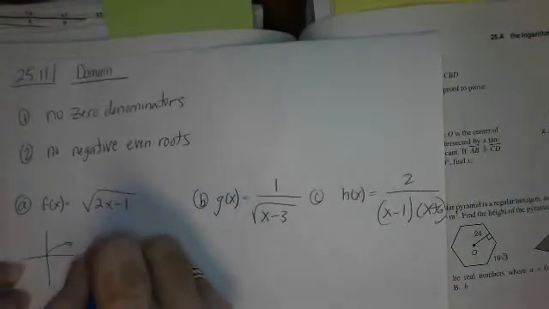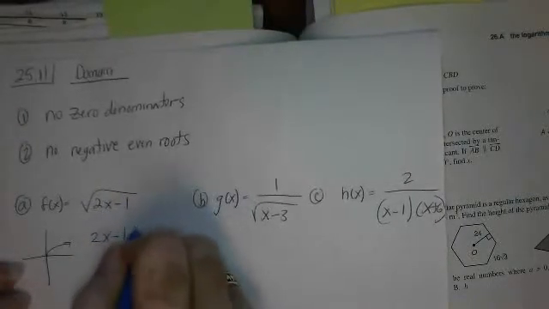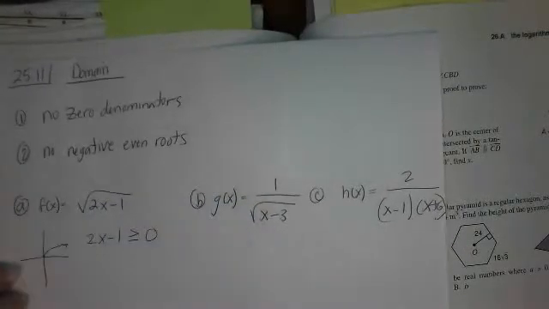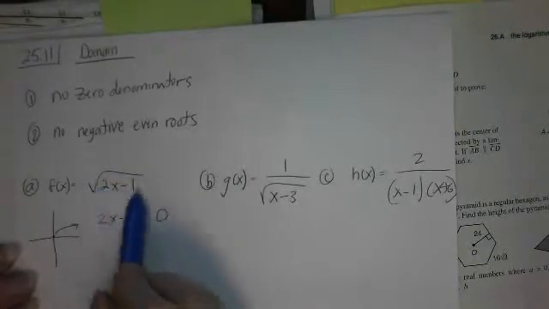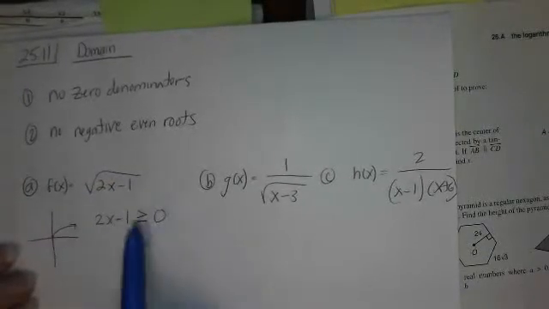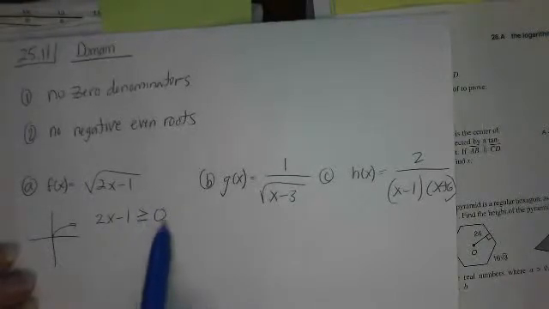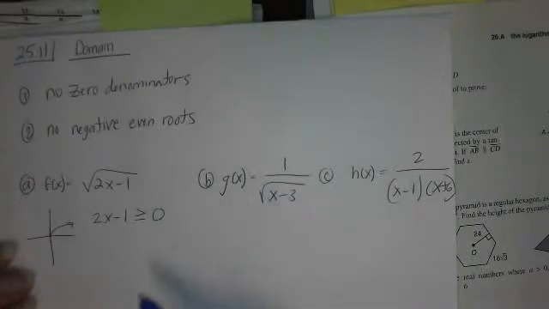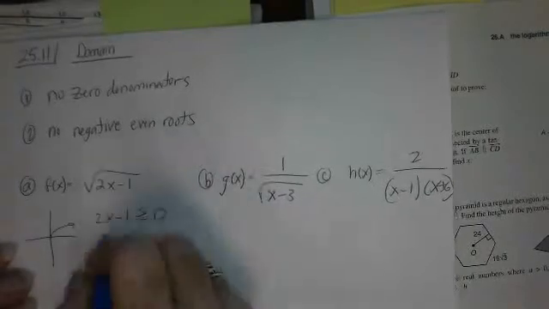Okay, so let's go like this. 2x minus 1 has to not be negative. This inside part can't be negative, so it has to be greater than or equal to zero. You can have a zero square root. The square root of 0 is 0. So solve this out.